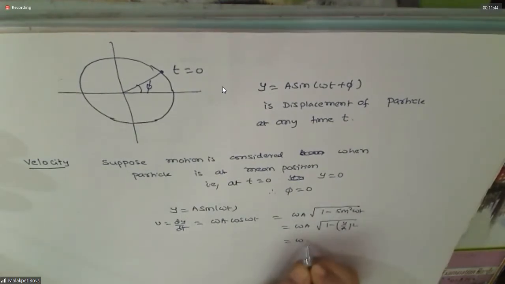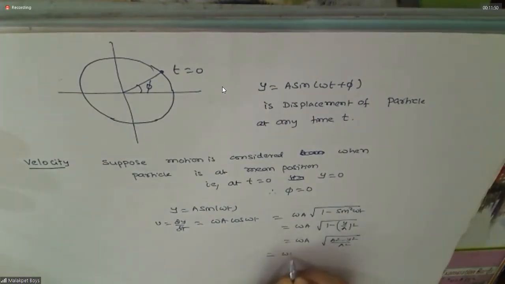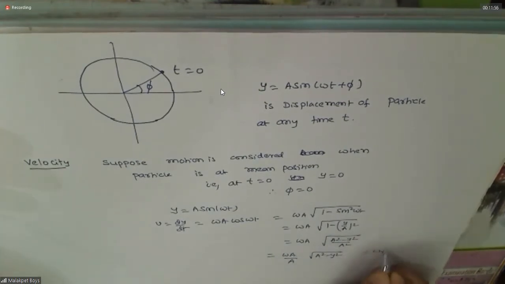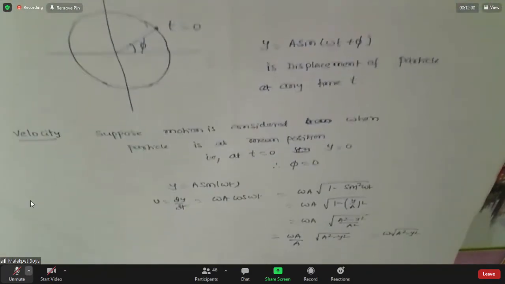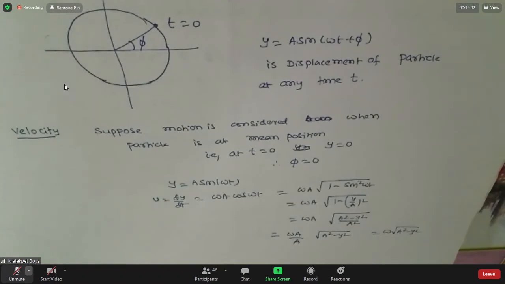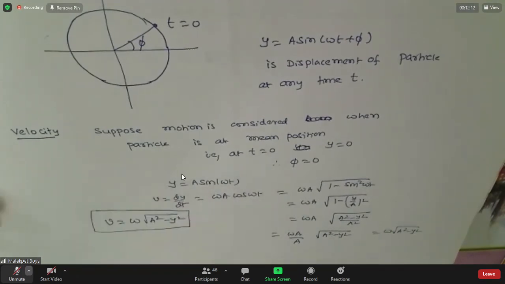So this is omega a square root of (a squared minus y squared) by a squared, so omega times the square root of a squared minus y squared. Understood this? Is it clear or not? Clear, sir. So this is the velocity of the particle at a displacement y.